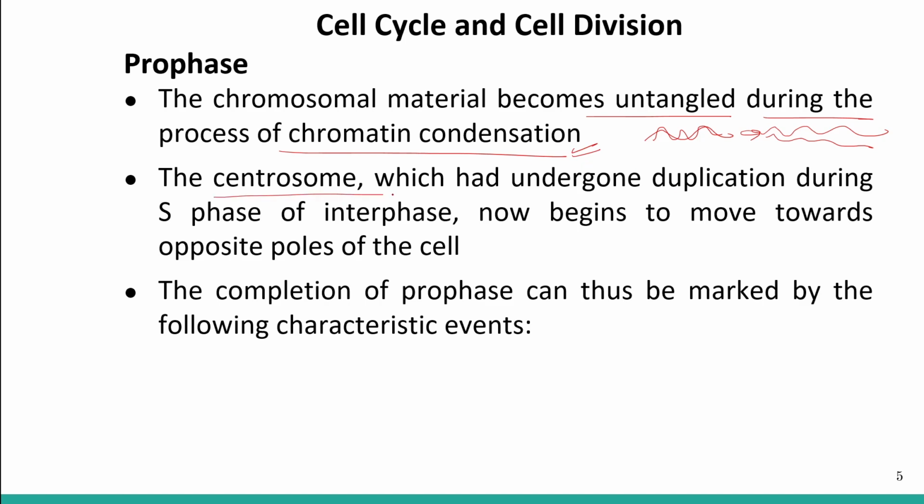The centrosome, which had undergone duplication during the S phase of the interphase, now begins to move towards the opposite poles of the cell. In the interphase we discussed that two duplications occur. The first one is the duplication of the DNA, which occurs inside the nucleus. But there is also the duplication of the centrosome, which occurs outside the nucleus, in the cytoplasm.